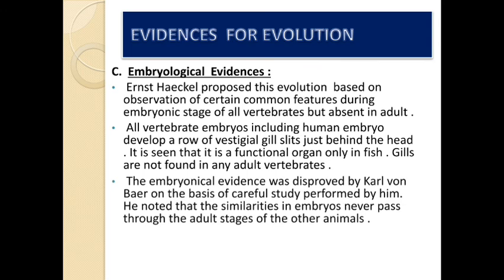The embryological evidence was disproved by Karl von Baer. This evidence of Ernest Haeckel was disproved by Karl von Baer on the basis of careful study performed by him. He noted that the similarities in embryos never pass through the adult stage of other animals.